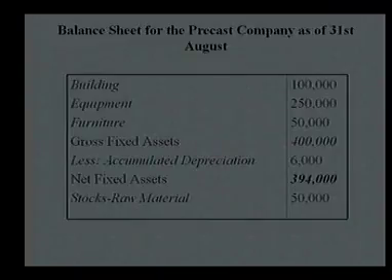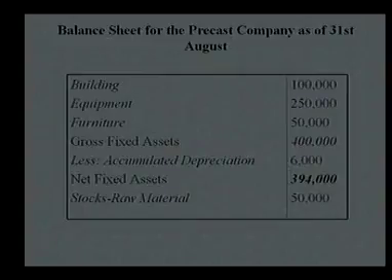If you add it up, these are part of your gross fixed assets. Now, in this I subtract the accumulated depreciation. This value was given to be 6,000. So, my net fixed asset as of 31st August becomes 394,000.